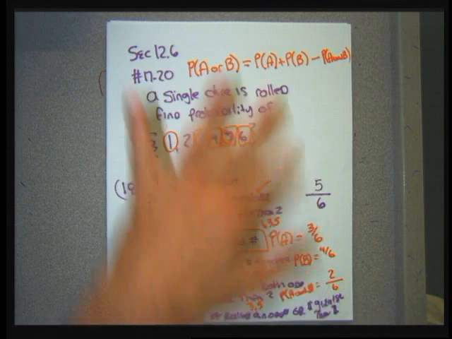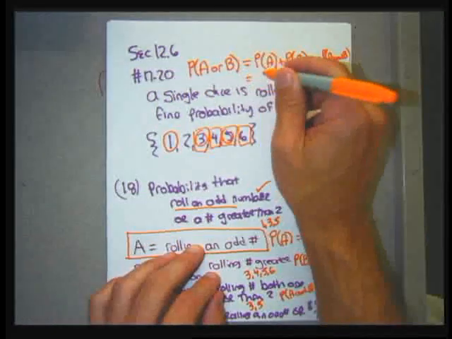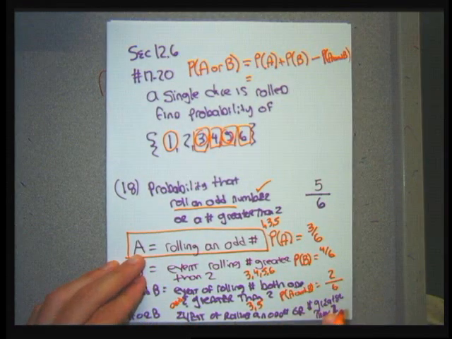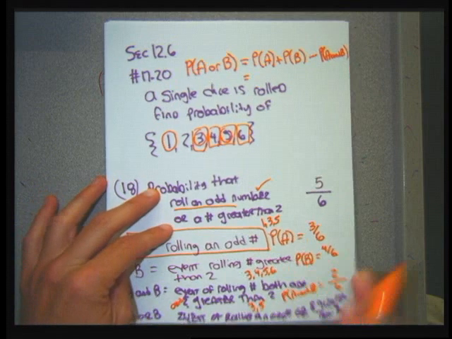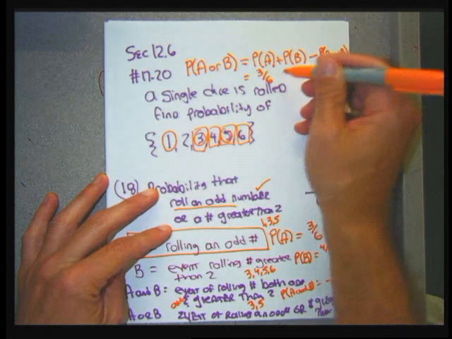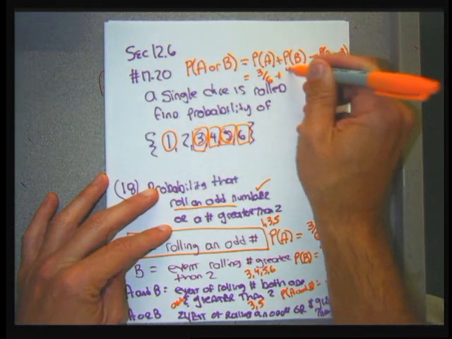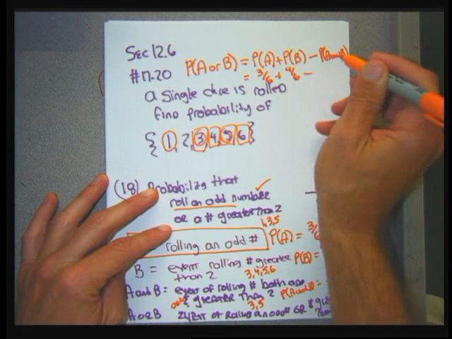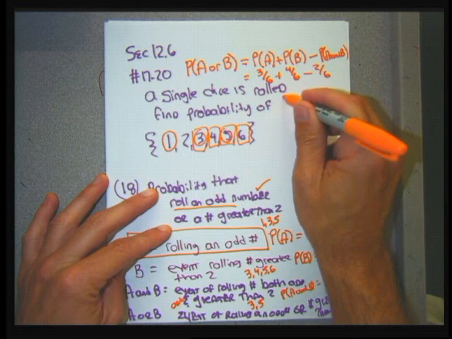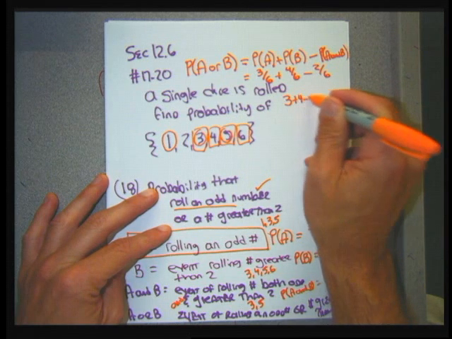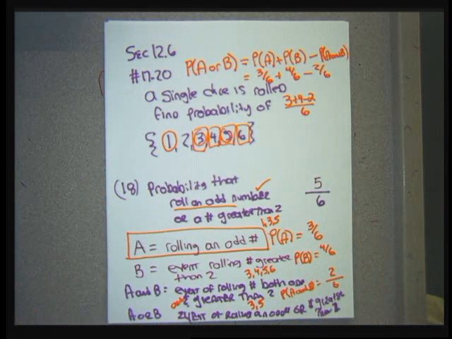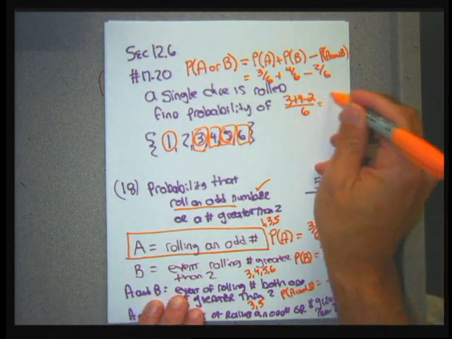If I take these 3 things and plug them into the formula, it says the probability of A or B, which is the event of rolling an odd number or a number greater than 2, which is what I wanted to compute for this problem, is going to be 3 out of 6, which is the probability of A, plus 4 out of 6, which is the probability of B, minus 2 out of 6, which is the probability of A and B. If I combine these fractions together, because they all have the same denominator, I simplify the fraction by just combining the numerators. 3 plus 4 is 7, minus 2 is 5.